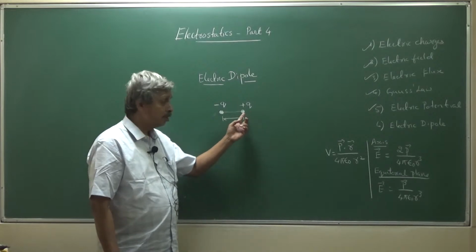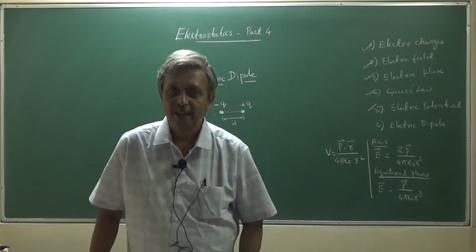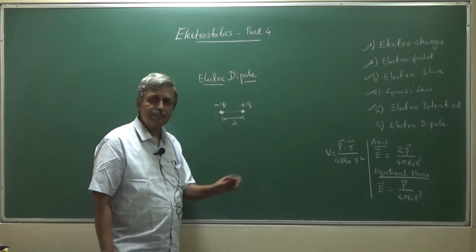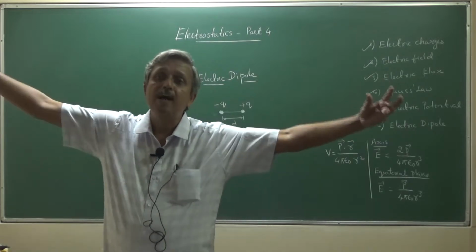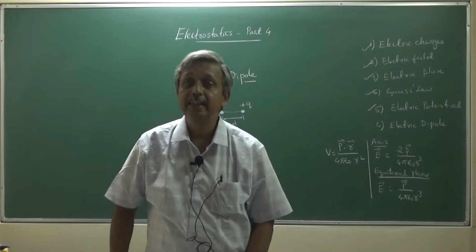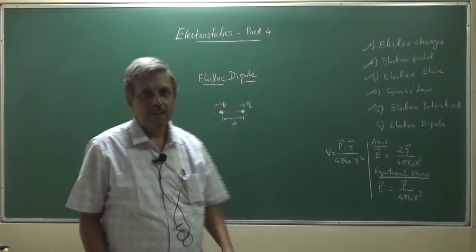If it is minus 2 microcoulomb, this is plus 2 micro. And the distance, generally we take as a very small distance, because it is not a distance that is so far. It's a very small distance. Then only we care about thinking about that.